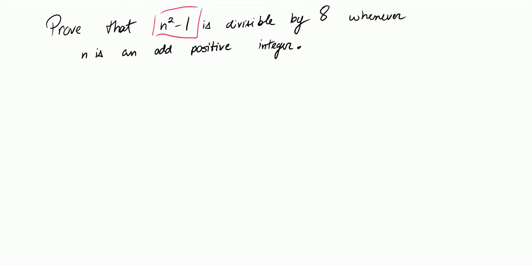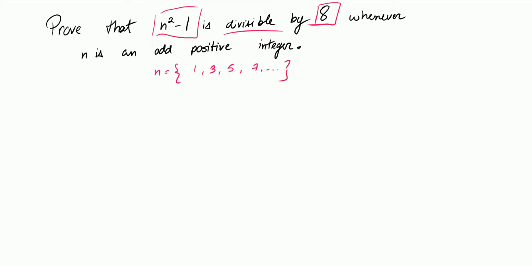In this case, 8. So we're asked to prove that n squared minus 1 is divisible by 8 whenever n is an odd positive integer, i.e. n is in the set of positive odd integers, so 1, 3, 5, 7, and so on.